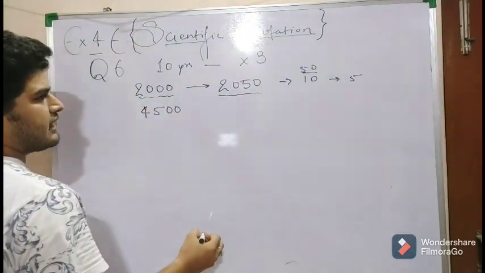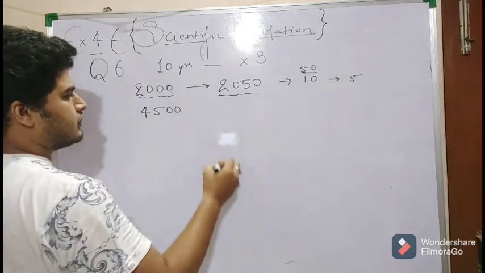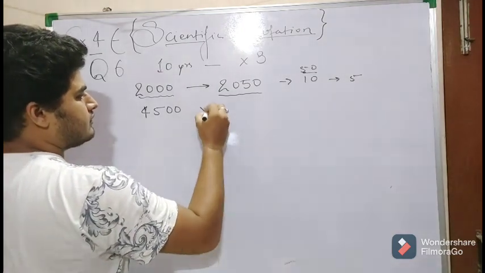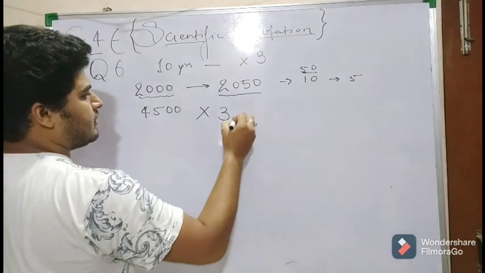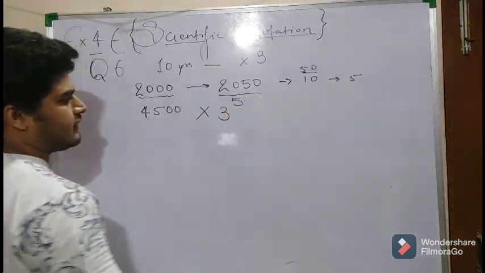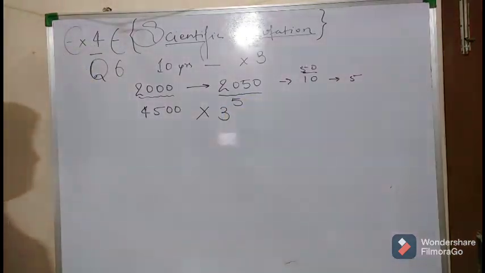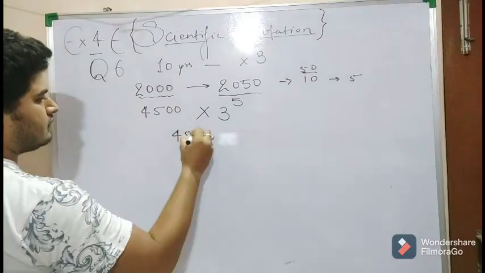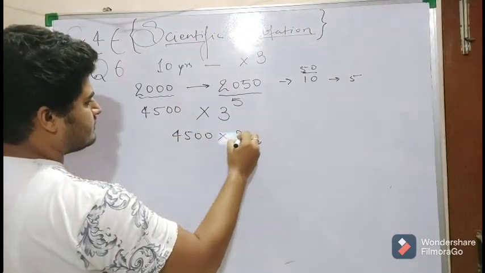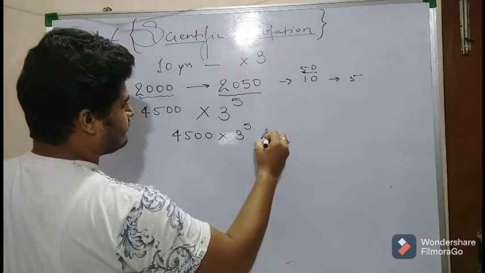So the population is getting tripled, so this will get tripled how many times? 5 times. So 4,500 multiplied by 3 raised to the power 5.